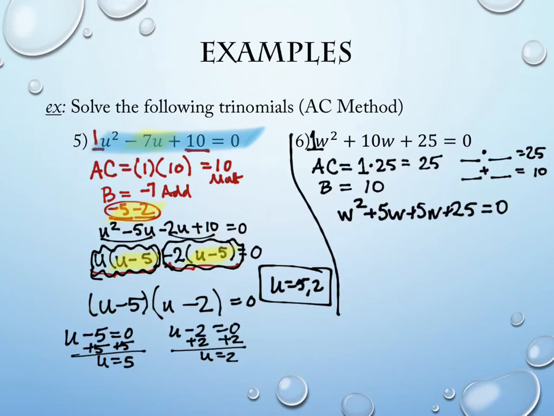Okay, I group them together where they are. What do w squared and 5w have in common? w. And if I take a w out of w squared plus 5w, what am I left with? Fabulous, w plus 5. How about 5w and 25? What do those have in common?